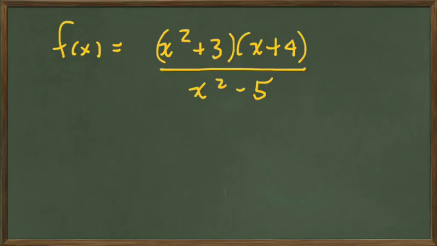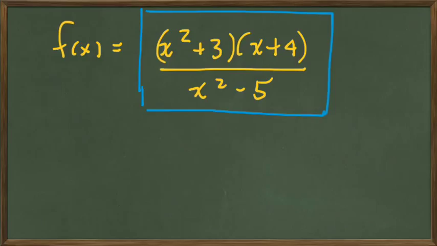One final thing on this video, let's do an example where we combine the product rule and the quotient rule. So let's notice that this function f of x is overall a quotient, and that it has in its numerator a product.